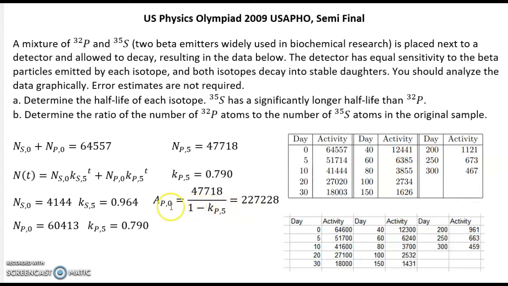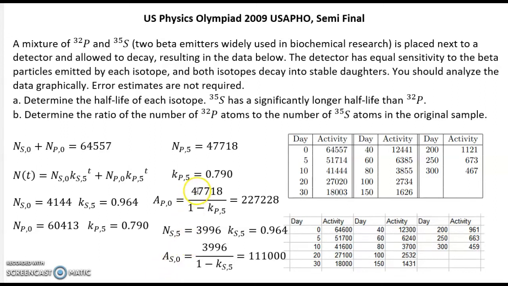And now we can do the same procedure for element S. So the activity for element S after 5 days was 3,996, and the coefficient of reduction for 5 days was 0.964. So we can use the same formula as this one. We divide the activity after 5 days by 1 minus the coefficient of reduction for 5 days.